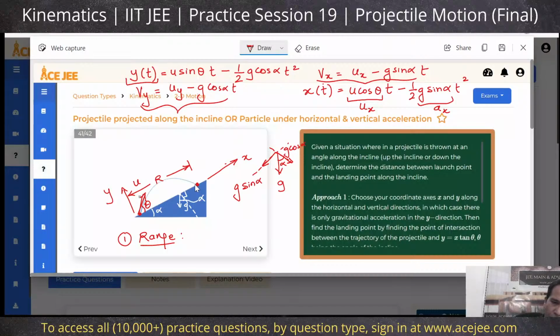So I can write 0 equals u sine theta t minus half g cos alpha t square. Taking t common from both terms, this is what we get. So the time of flight t is 2u sine theta divided by g cos alpha.